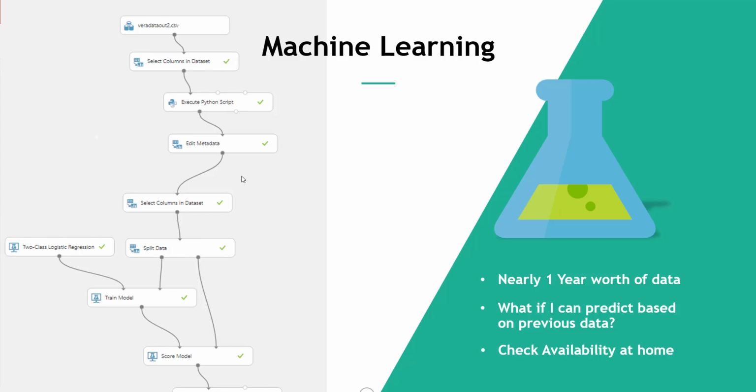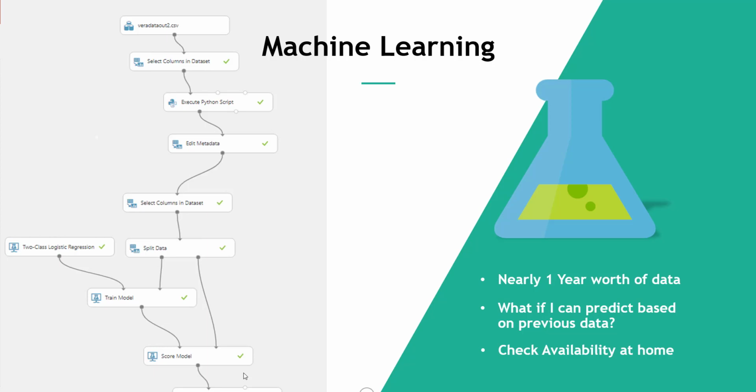Then I split the data, got a 2-class logistic regression model, trained the model, and then did the scoring afterwards. At the end you do an evaluation of the model. So that's how you normally do it: you split the data, and you do the training model and the scoring model afterwards.